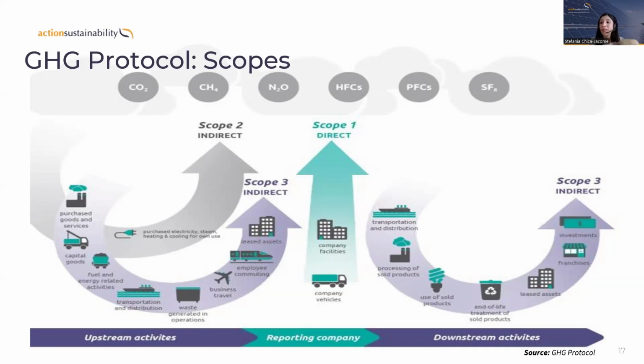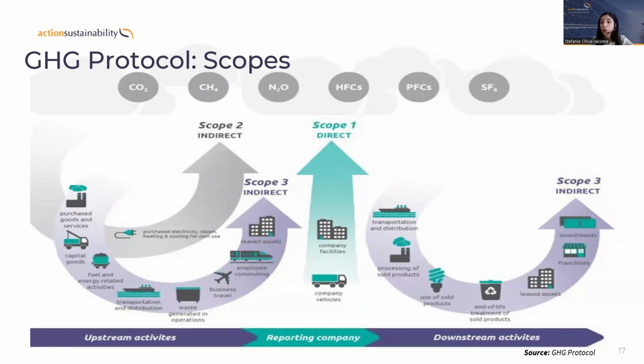For example, any materials that you buy from your suppliers, any water that you consume, employee commuting, that would fall under the upstream category. And on the other hand, downstream is everything related to the consumption of that product once you sell it. For example, any downstream transportation and distribution, or the end of life treatment of those products.